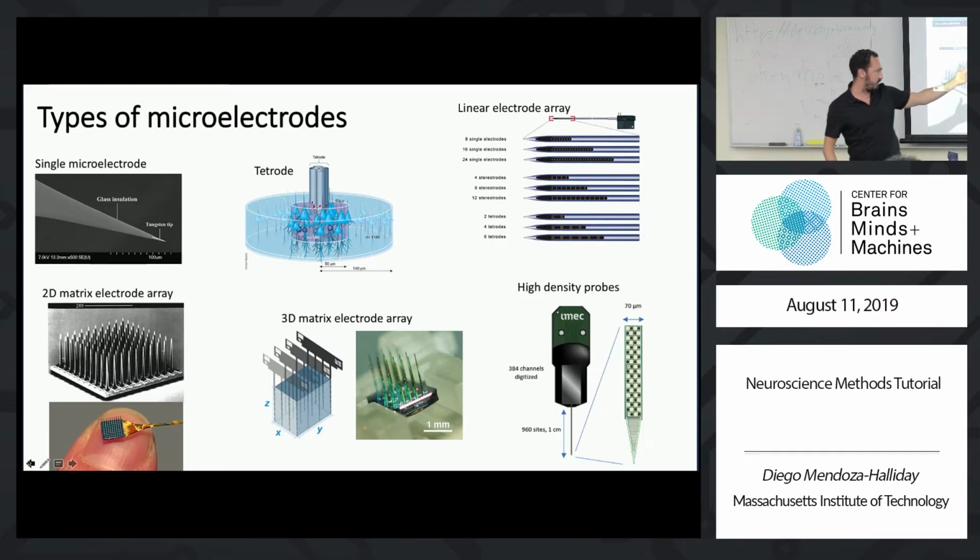And obviously, if you want, you can implant multiple of those in different parts of a brain, and you have signals in the 2,000, 3,000, 4,000, 5,000 channels, which we're going to see in neuroscience pretty soon.